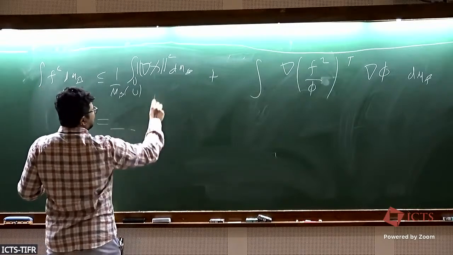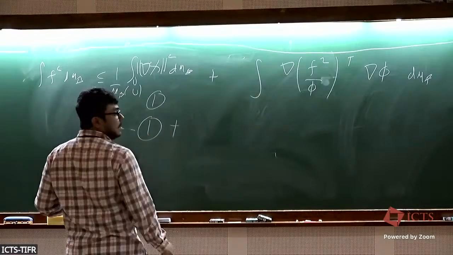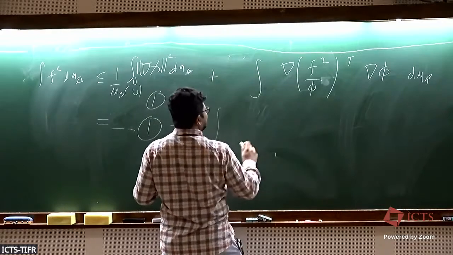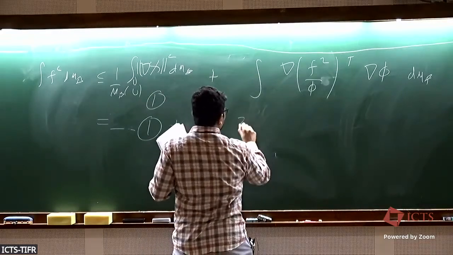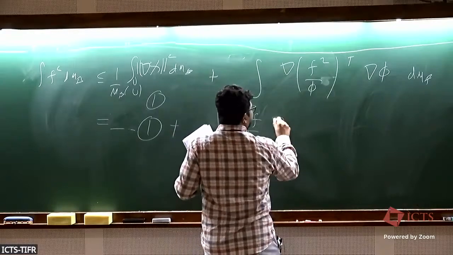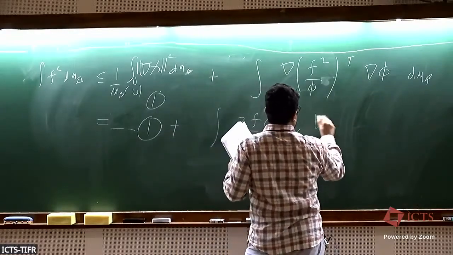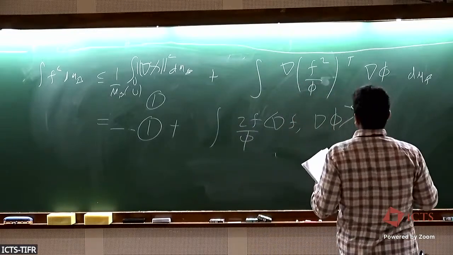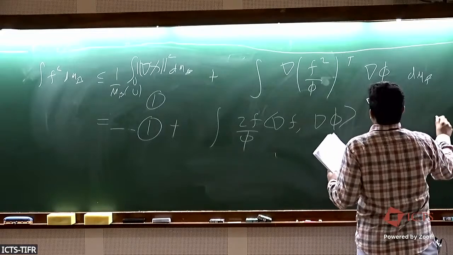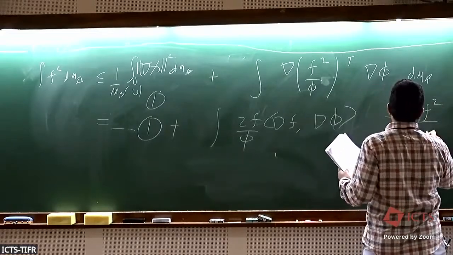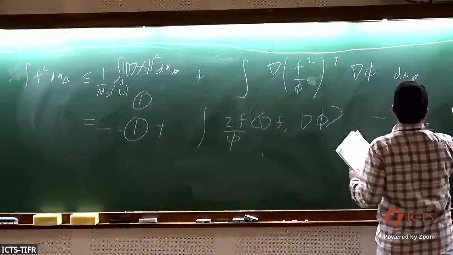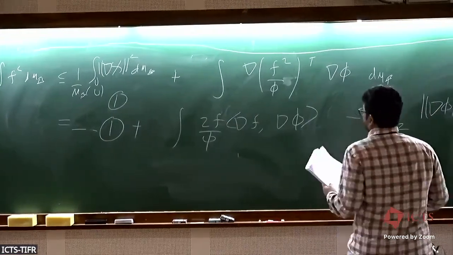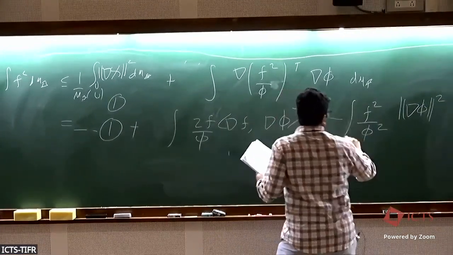The first term, I'm just going to write as is, plus this term, which is going to look like two things: 2f divided by phi times gradient f times gradient phi, and then minus f squared divided by phi squared times gradient phi squared. And then let's put a d mu beta here and here.